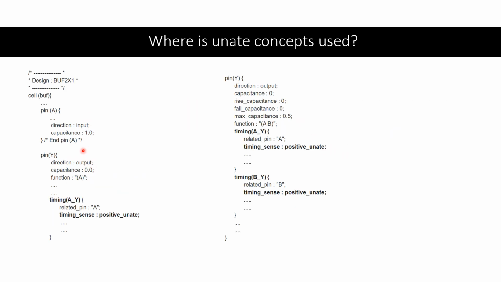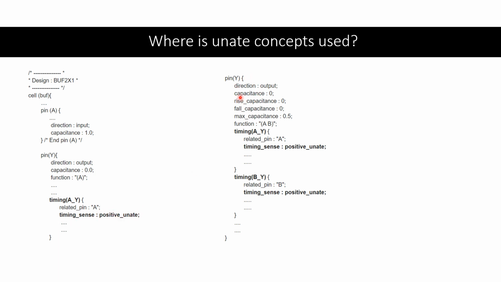So in the previous slide we discussed the different unit concepts. We will try to see where this is used. The unit concept is used in the .lib file or the timing file. If you open a .lib file for a buffer, you will see the timing sense for A to Y, that is output, and the related pin is A. It is shown that it's a positive unit.